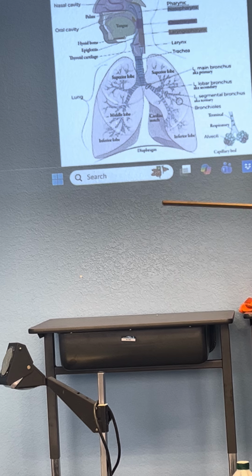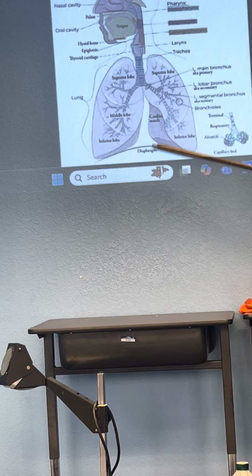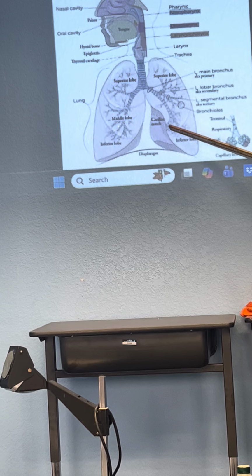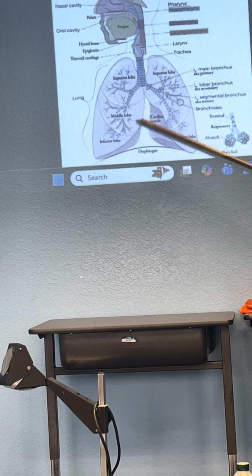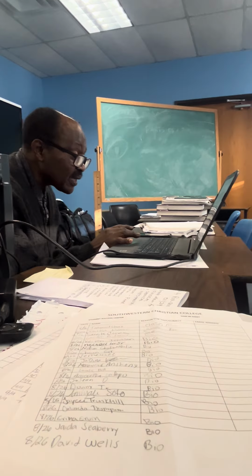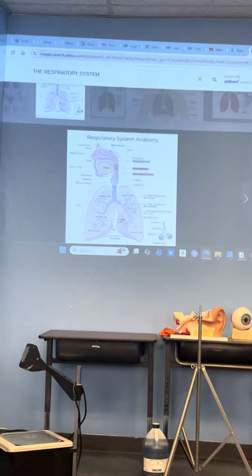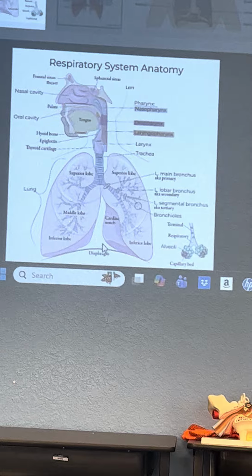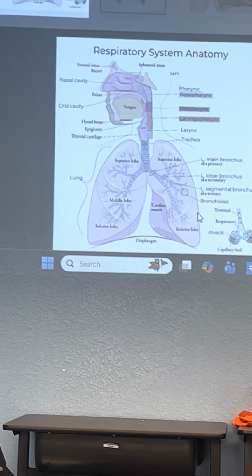And then we have the cardiac notch. Notch means a space. That is the space which is left for the heart. Look at my arrow on the screen here. So the heart occupies this space right here. And that's why we have only two lobes.